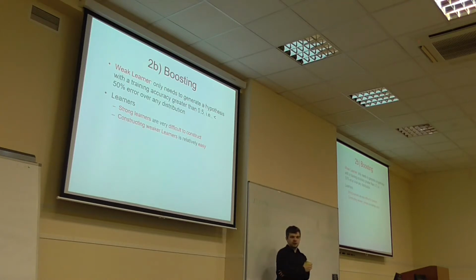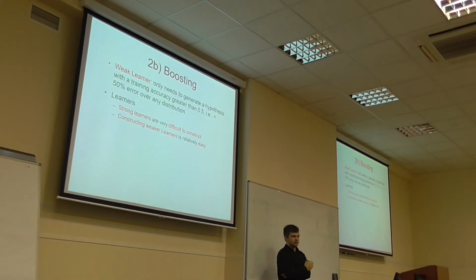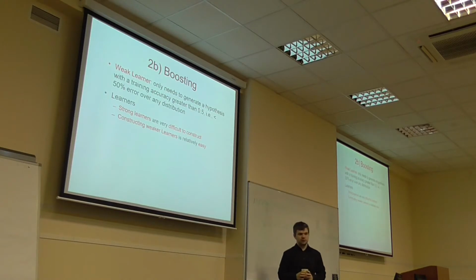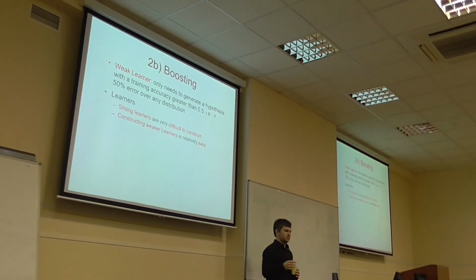All the evaluations in our papers are about evaluating new strong learners, or even new weak learners that are better than previous strong or weak learners for current applications. But the good news is we can construct weak learners relatively easily, with a couple of clicks and some simple approaches.